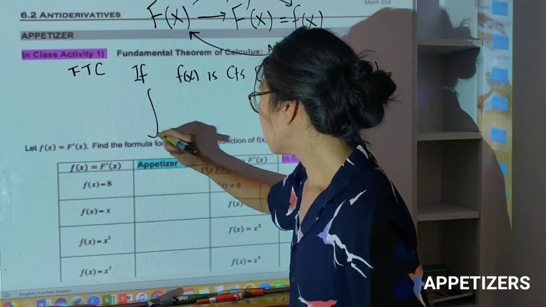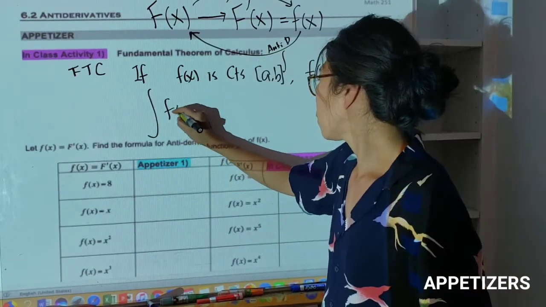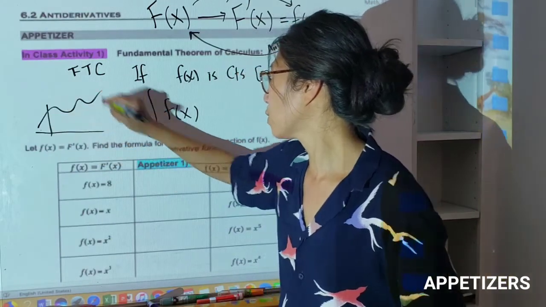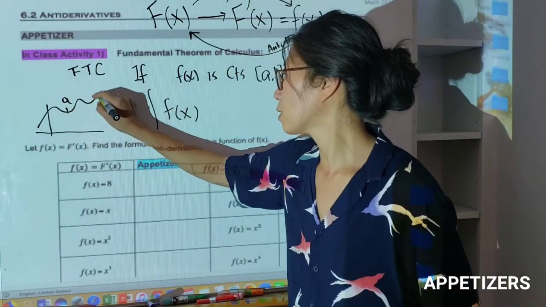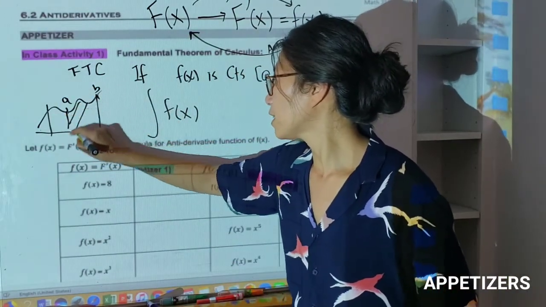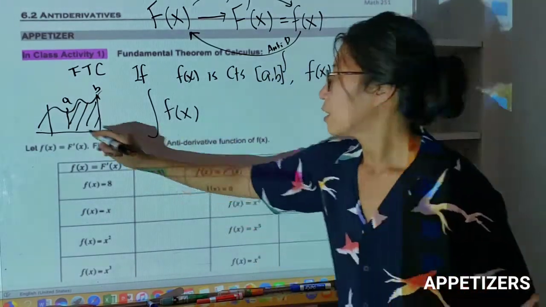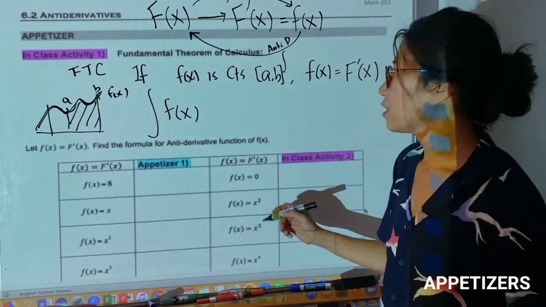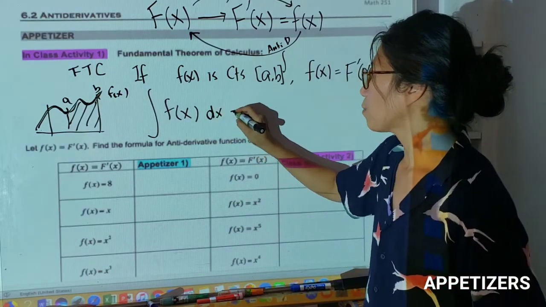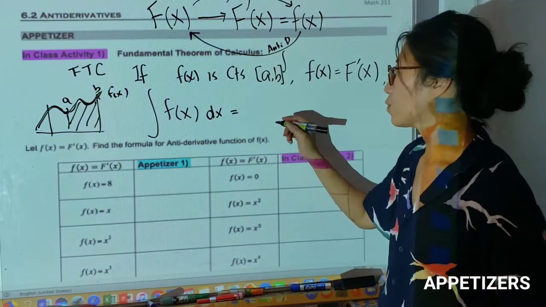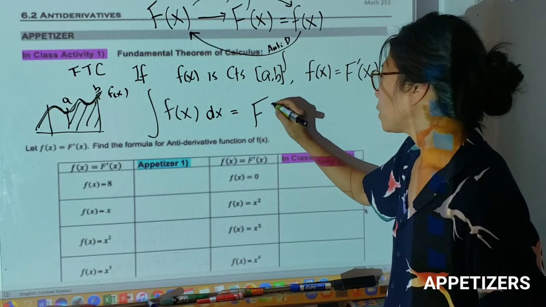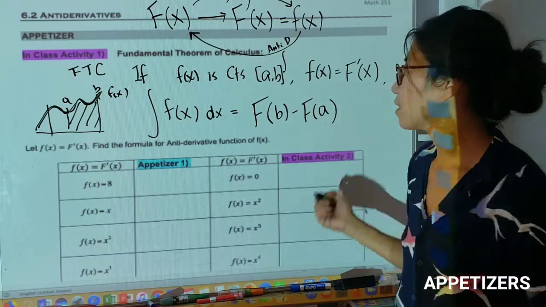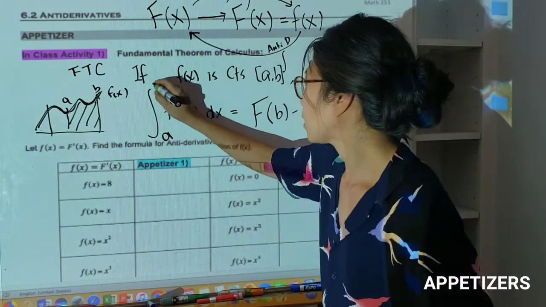If I want to find the area under the function f of x, continuous from a to b, then this is going to be the same as taking the antiderivative, big F of b minus big F of a. That's what that means from a to b.